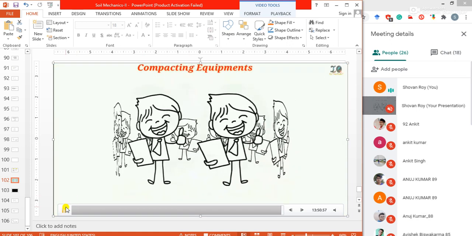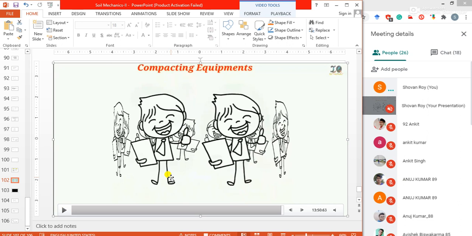So this is the complete list, and last is the vibrator. I have no example of the vibrator at present, but the ramming equipment consists of normally three types: dropping weight type, internal combustion type, and pneumatic type.